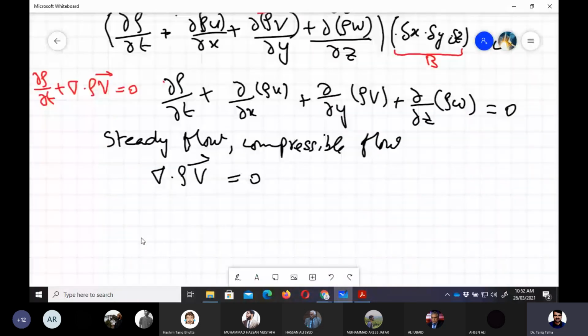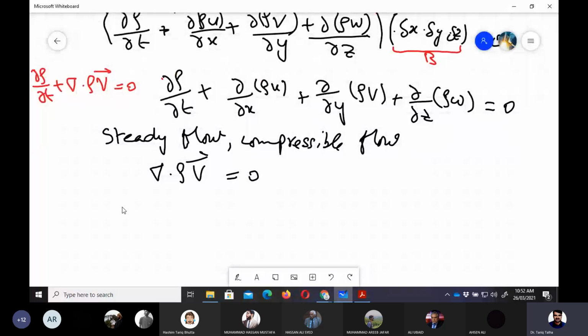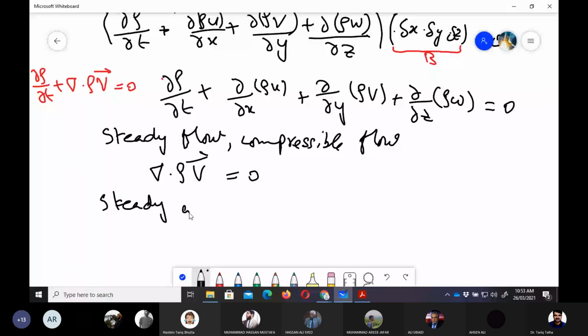Now the second case, which is encountered in practical situations, is when the flow is steady and incompressible. That is the kind of liquid flow through pipes. In that case, rho wouldn't depend upon x, y, and z because the flow is incompressible. So we can just say that del dot V is equal to 0.